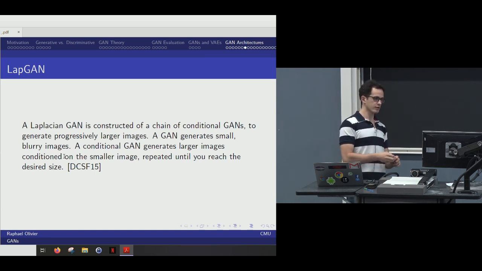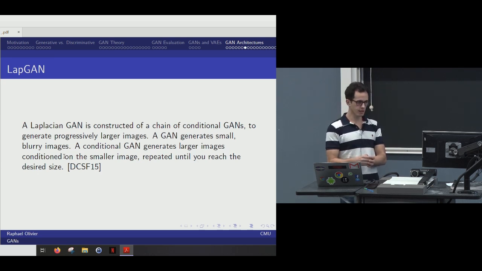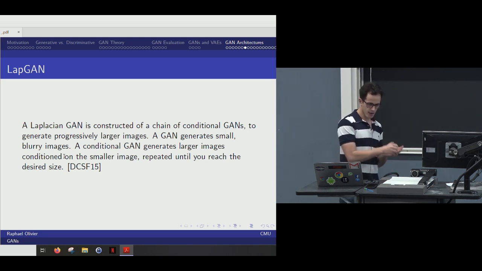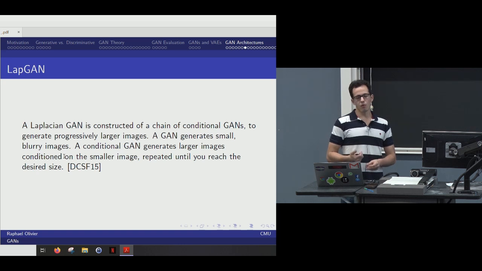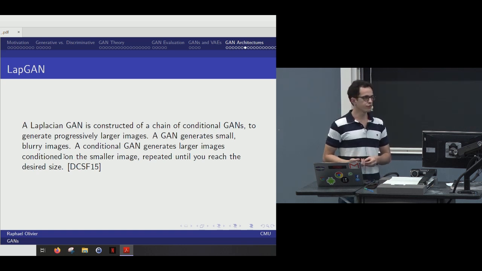Then you've got a second GAN that this time is going to be a conditional GAN. It's going to take as inputs both some noise and the image that the first GAN has produced, and it's going to try to generate a bigger and sharper image from that. Why is it useful?